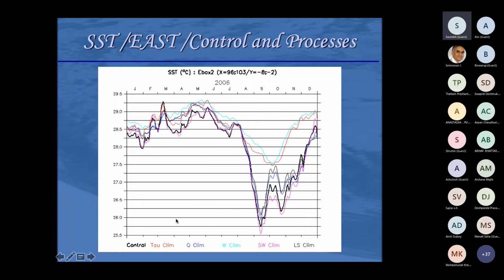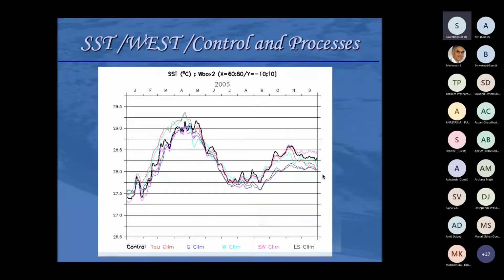And in addition, if you keep only the dynamical process, that has a significant impact. So this actually suggests that in the evolution of the 2006 dipole event, the dynamical processes are more important than the contribution of thermodynamics.